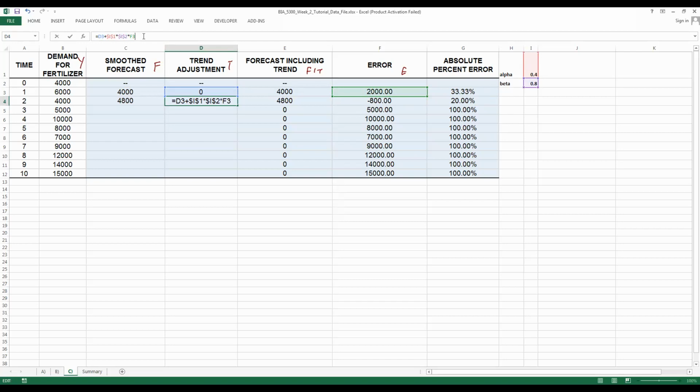You can do this with a different formula, the version where it's like F minus FIT or whatever. You can do that, it's fine, but this is the way I prefer to do it. You would get the same thing if you use the version that's on the slides, though. Right? They're mathematically identical.